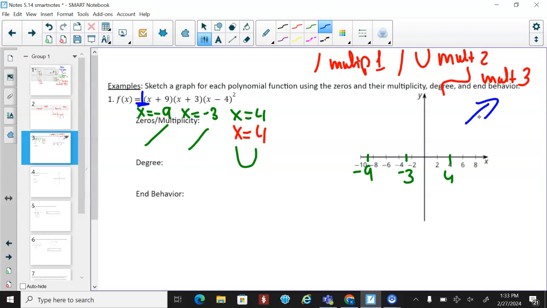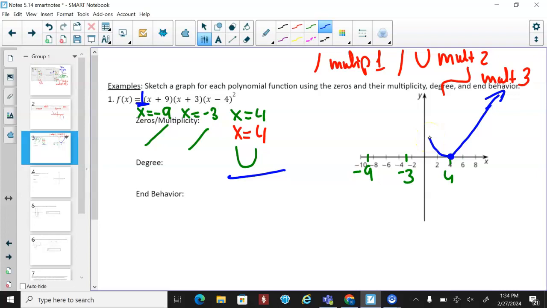So I'm going to start going backwards from the end. Now, if I start going up and I want to go backwards, I know that at 4, there is going to be a bounce. So I'm going to go down. Let me fix it up to make it nicer. Okay. Now, this is my leading coefficient. This is going to bounce right here.